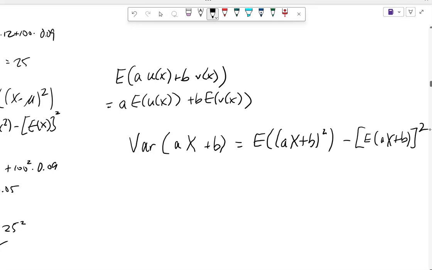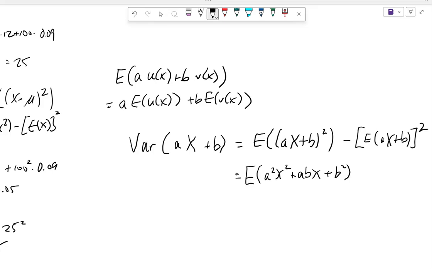Okay. So inside the first one, we can distribute, so you'll get a squared x squared.